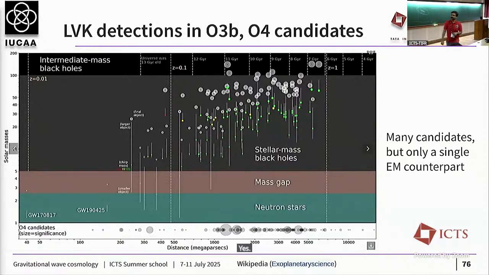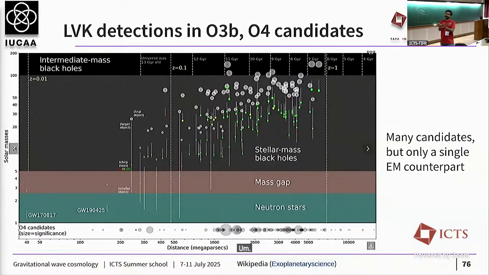So these are distance measurements from GW events. So what you measure is basically m times (1+z), the chirp mass.